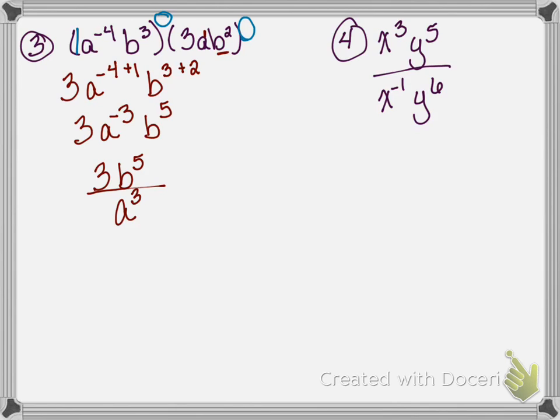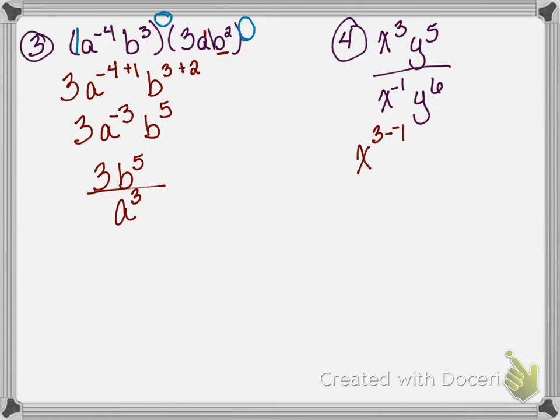For number 4, we are dividing bases. And when I divide, what do I do with their exponents? Good. I'm going to subtract exponents. So for number 4, the first base that I'm going to divide is x, and I have a 3. You want to be careful with this one because this is 3 minus negative 1.